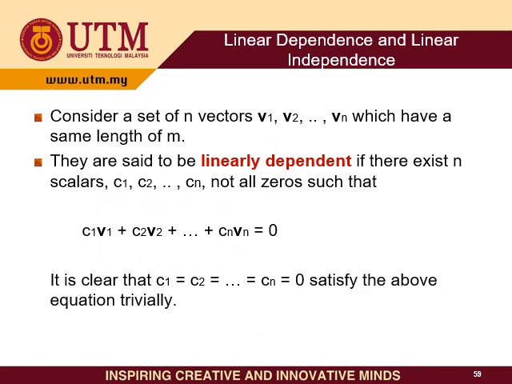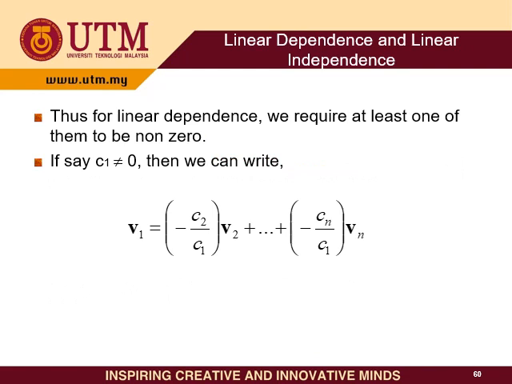What is linear dependence? We consider a set of n vectors, v1 until vn, which have the same length of m. They are said to be linearly dependent if there exist n scalars when you solve the equation. Thus, we require at least one of them to be non-zero.